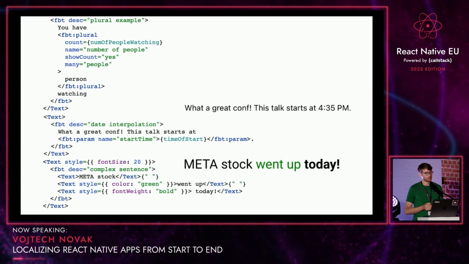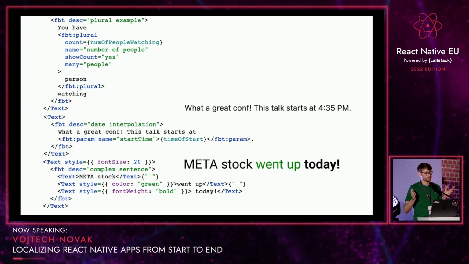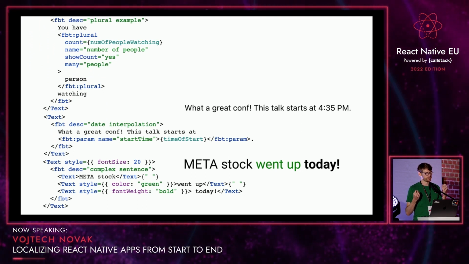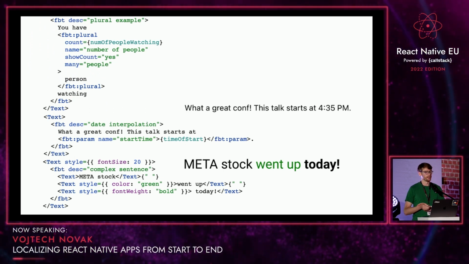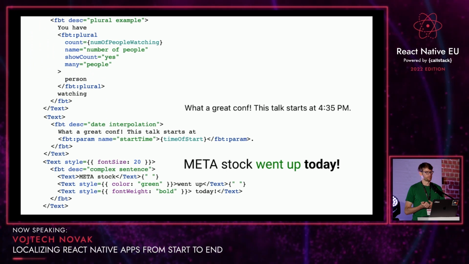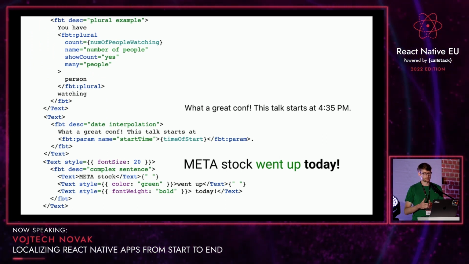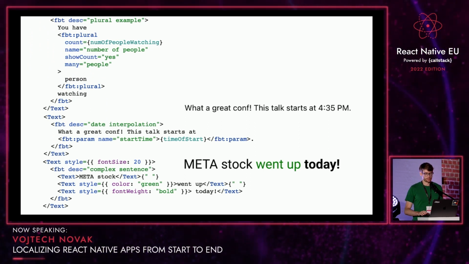And the really important and crucial part here is that you wrap the entire sentence with the FBT component, because then it's going to extract the entire sentence from the sources, and it's going to keep it as one piece, and then the translator can translate it properly. Whereas if you were to break it up into different pieces, you will not get a quality translation.